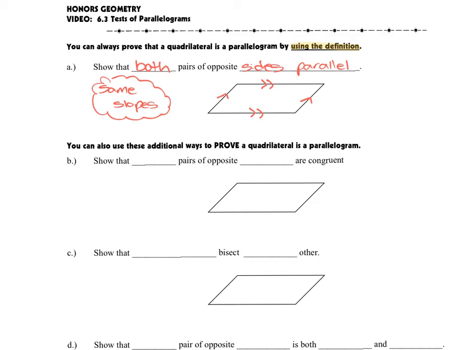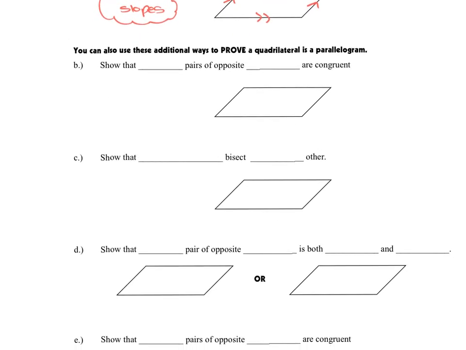Our next way is that we could also show that both pairs of opposite sides are congruent. What should be standing out here is, wait, aren't these the properties of a parallelogram? Yes. The properties of a parallelogram are biconditional statements, so we can use them to identify that something is a parallelogram.